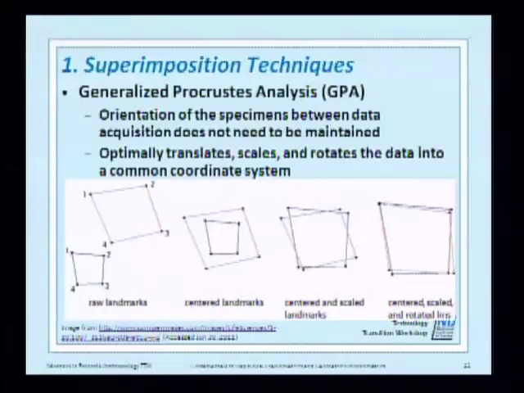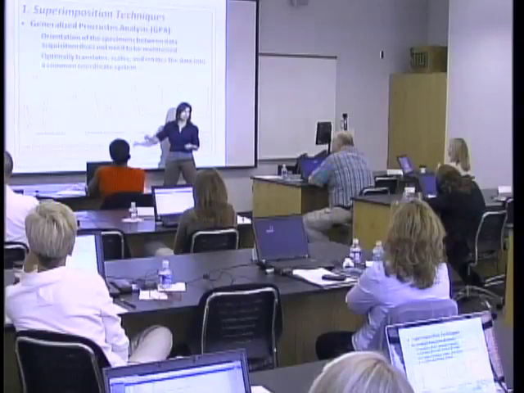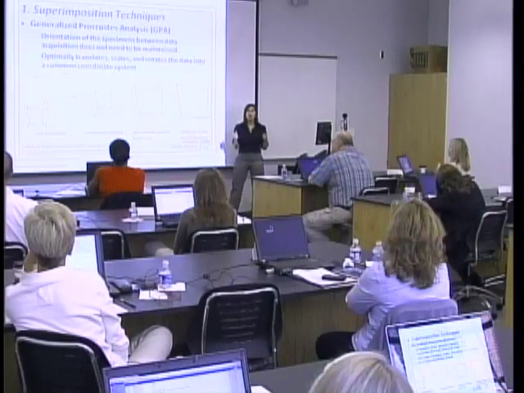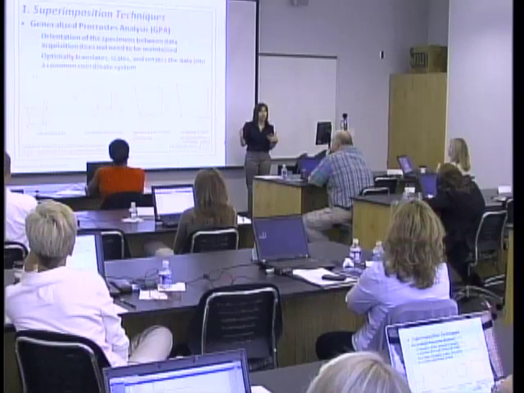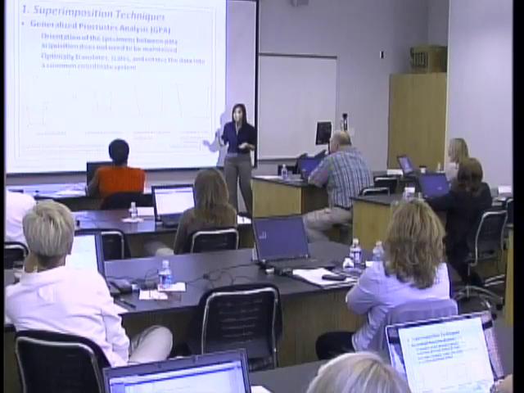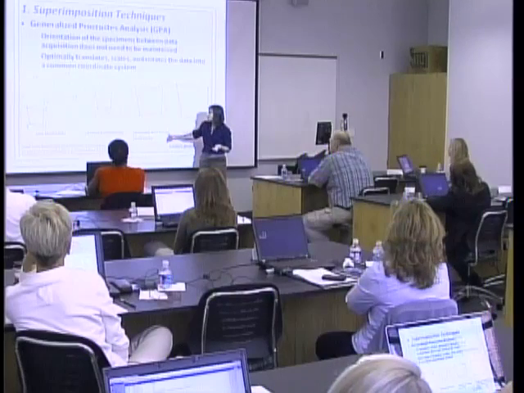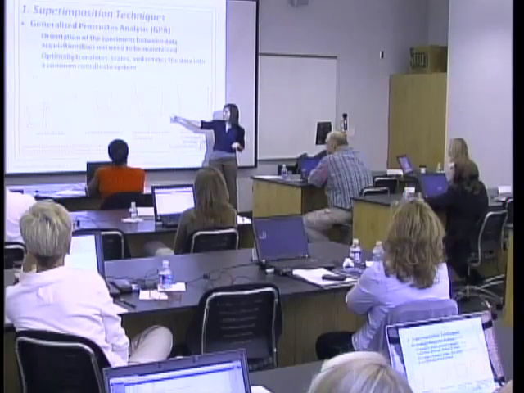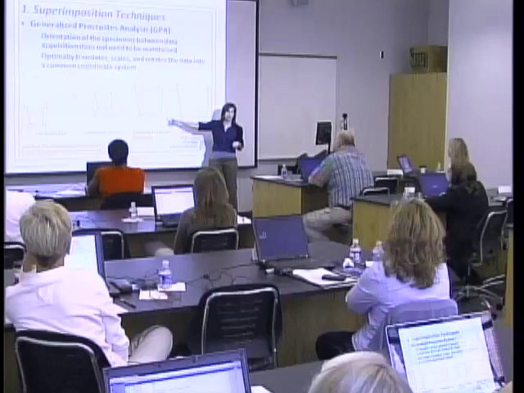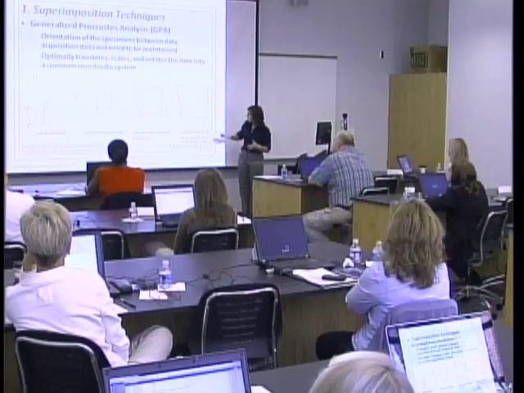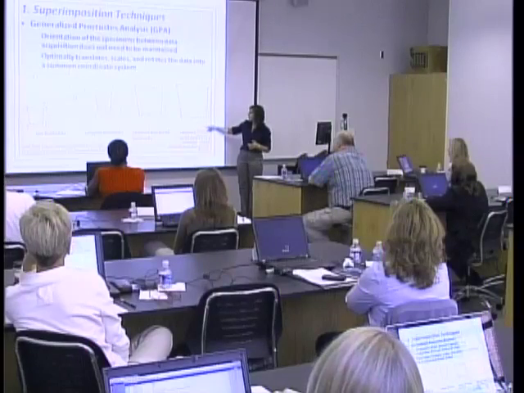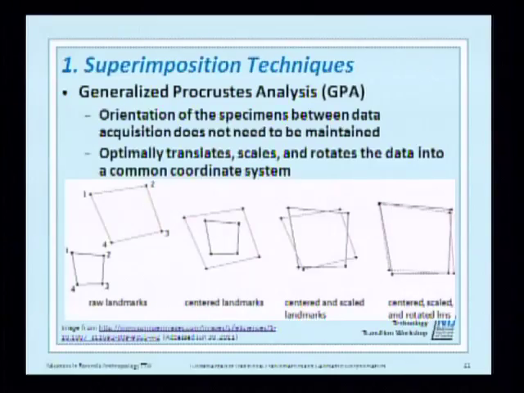So all your landmarks are centered, and they're not in the same coordinate system. That's why they look like they're different sizes, but they're really not. They were just collected in different coordinate systems, okay? Then you center and you scale your landmarks. Now they're all kind of the same size, right? So they're all scaled. And then finally, you center, scale, and rotate so that this is what your end result is, and that's what you do with every specimen, okay?